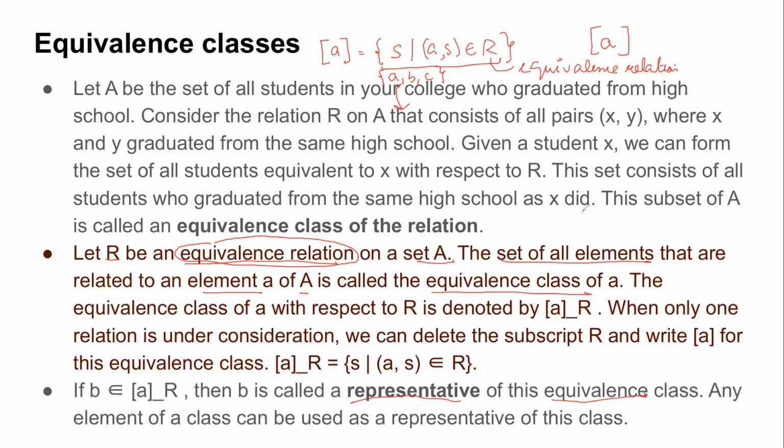So I can say a is the representative of the equivalence class, similarly b is a representative, and similarly c is a representative. So what does representative mean? A representative of any class is a member of that class, and any member can be the representative. It need not be the same.